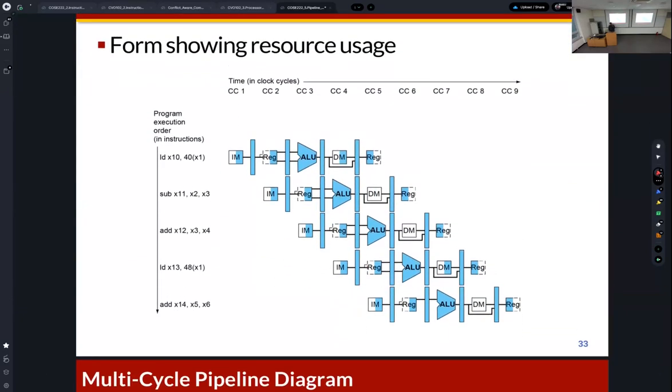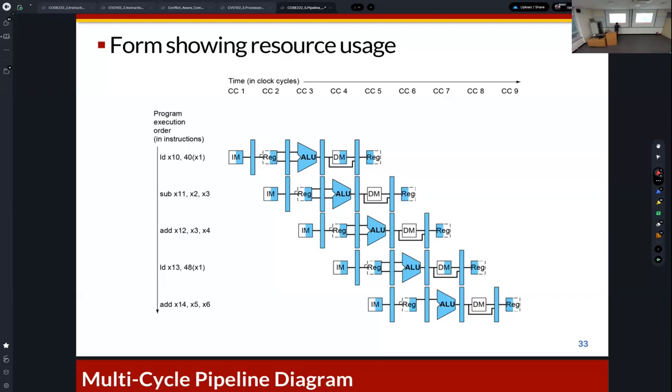So I believe we can easily understand the behavior of how the instructions are executed in the single cycle processor. This is because one clock cycle is mapped to the execution of one instruction, right? So it's easy to understand the behavior of the single cycle processor.